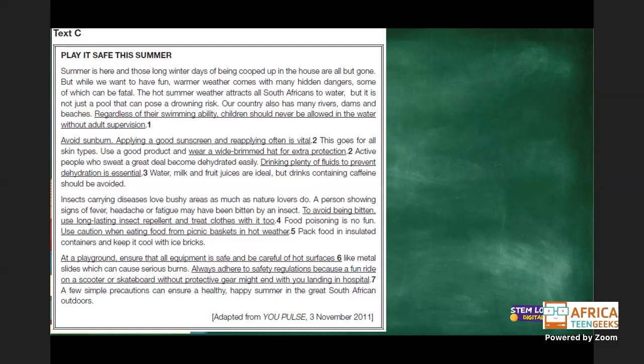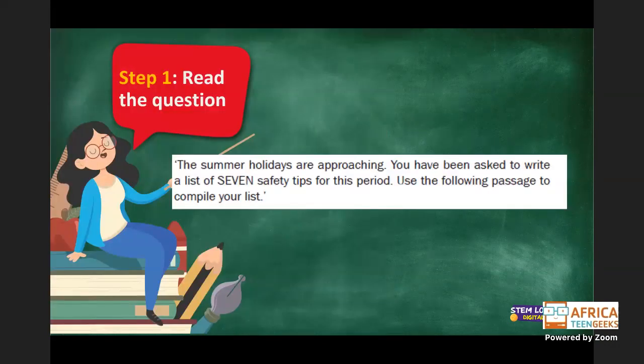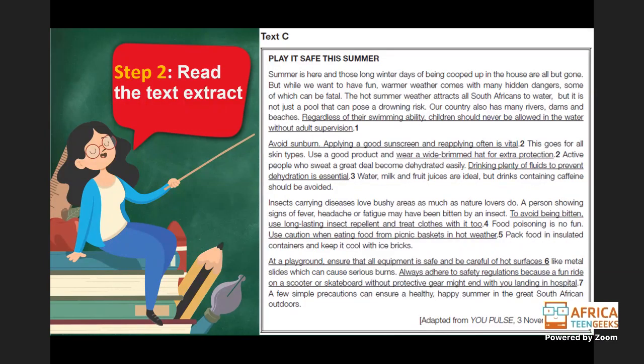Okay, so we've read that. And then we continue to step 2, which we've done. So you read the text extract carefully, underlining the key sentences that are related to safety tips. As you've seen, this has already been done. And then third one, now you plan your summary.